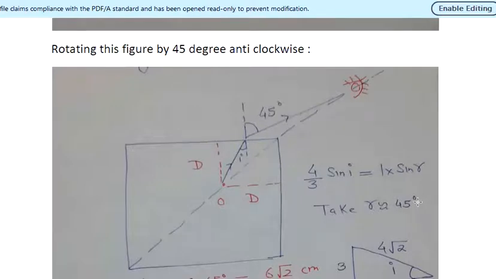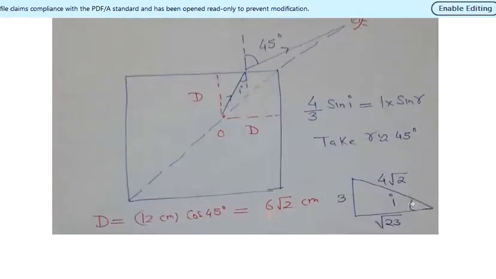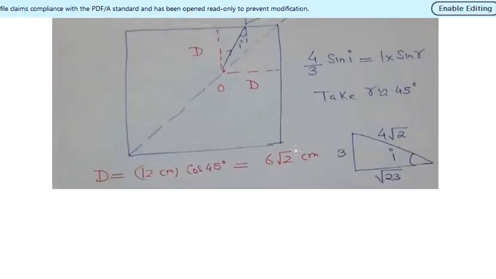Now if I take r as approximately 45 degree, then 4/3 sin i is 1 into 1 by root 2. Sin i will be 3/(4 root 2), and cos i will be root 23/(4 root 2).